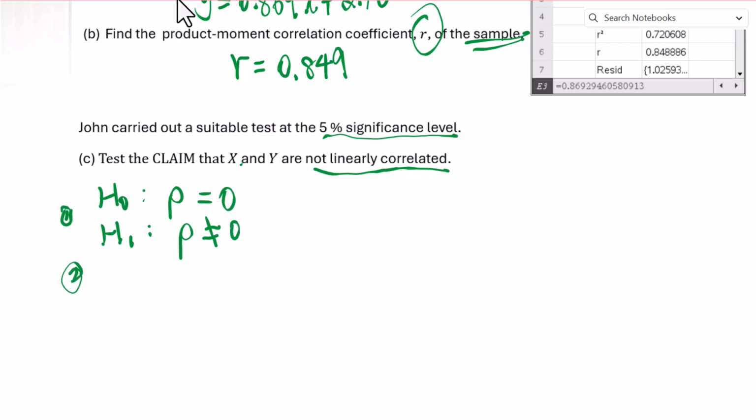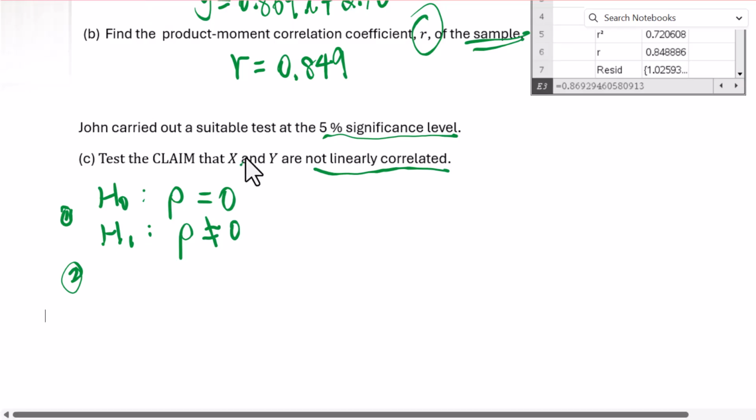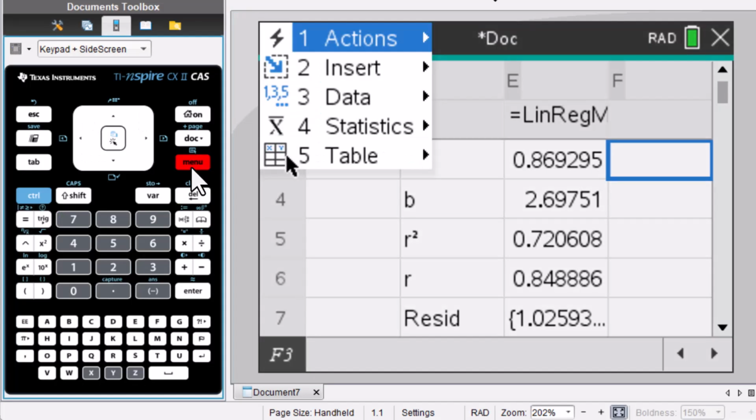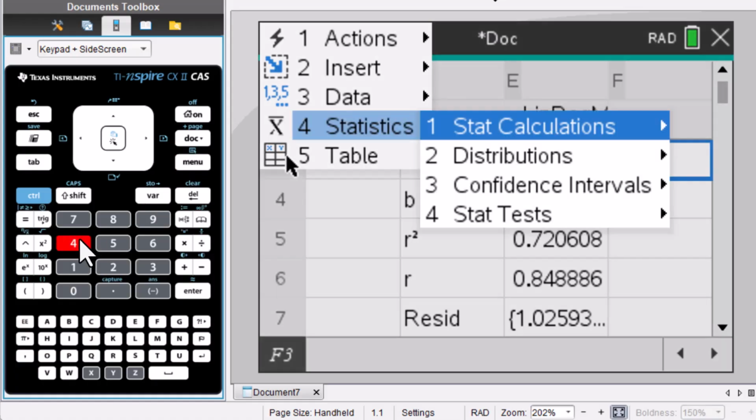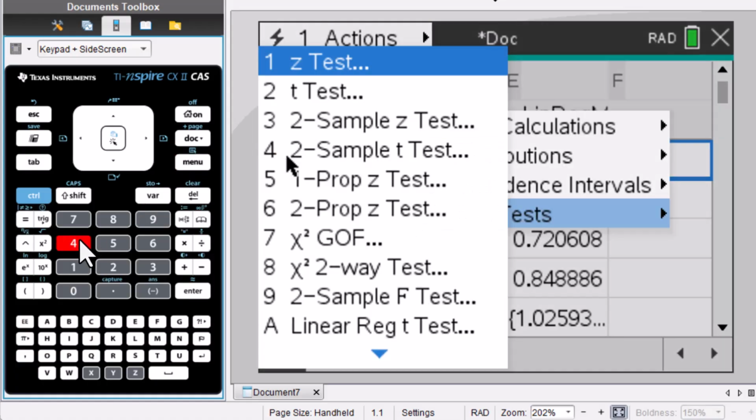Second step, let's go back to the calculator to figure out the p-value. Go to menu, go to 4, stat tests. Go to A, linear regression t-test.